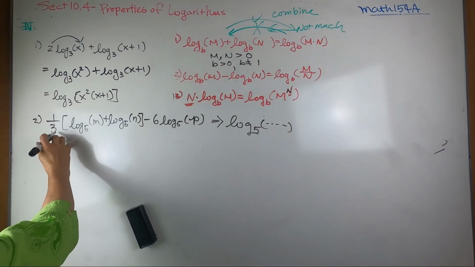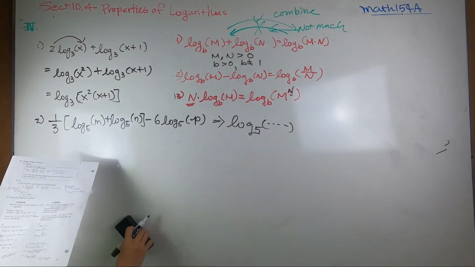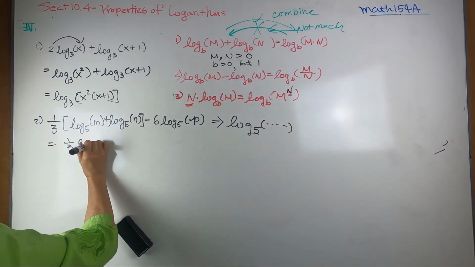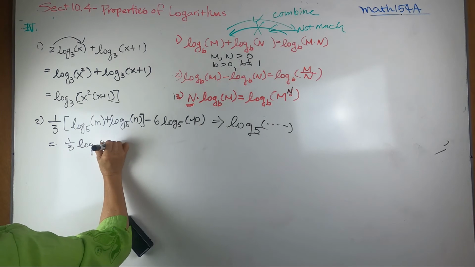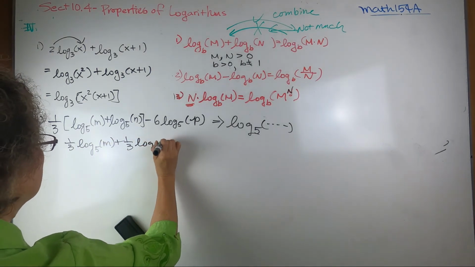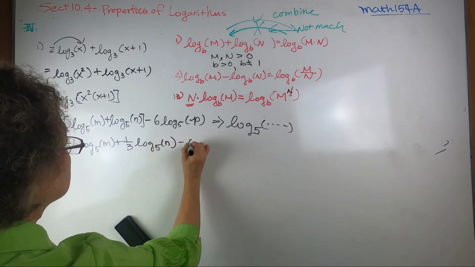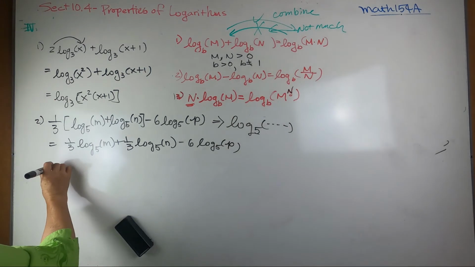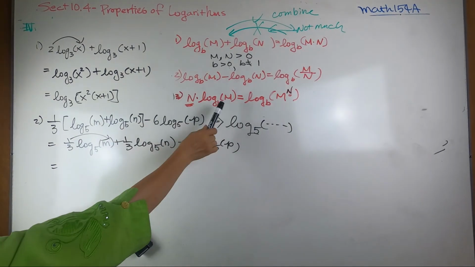So we have 1/3 outside. Okay, so we can just do it individually: 1/3 outside m plus 1/3 log base 5 n minus 6 log base 5 p, right? Then if it's outside, move inside.